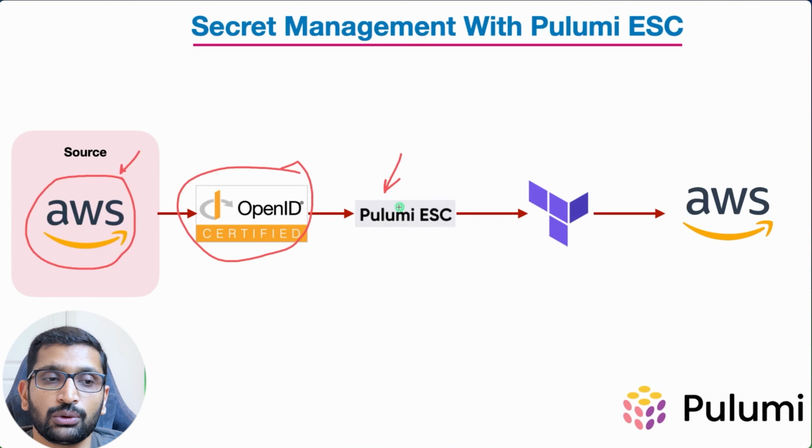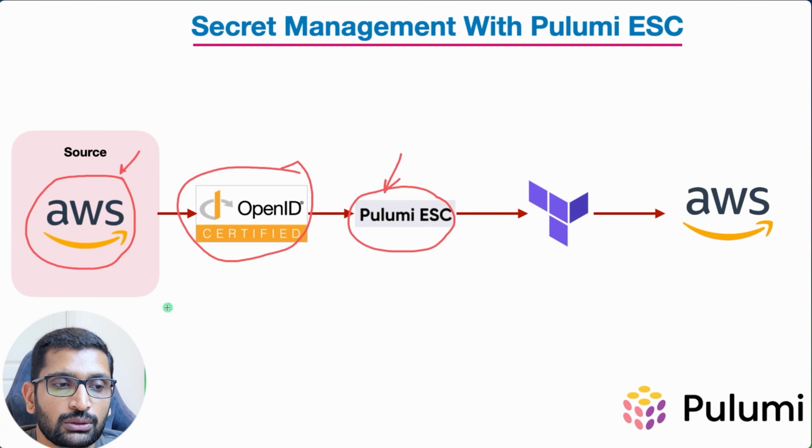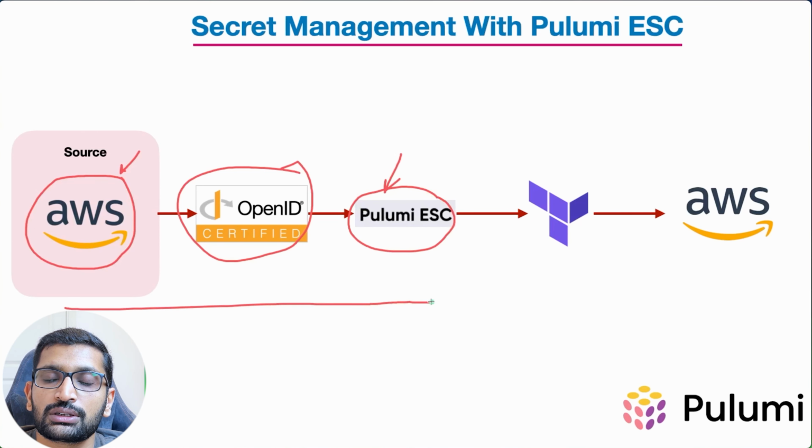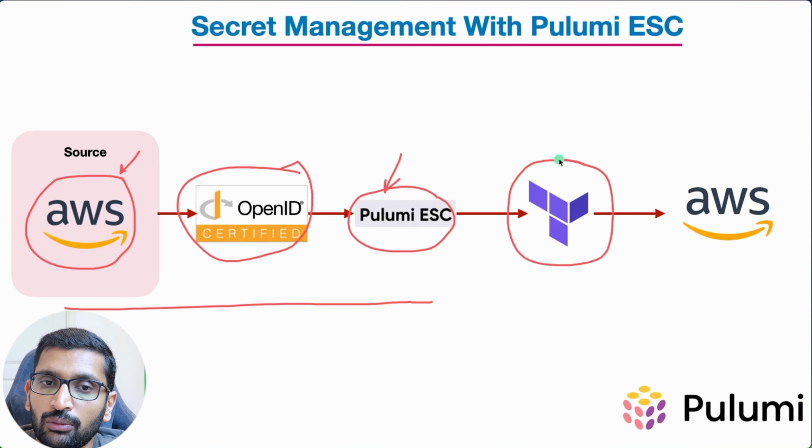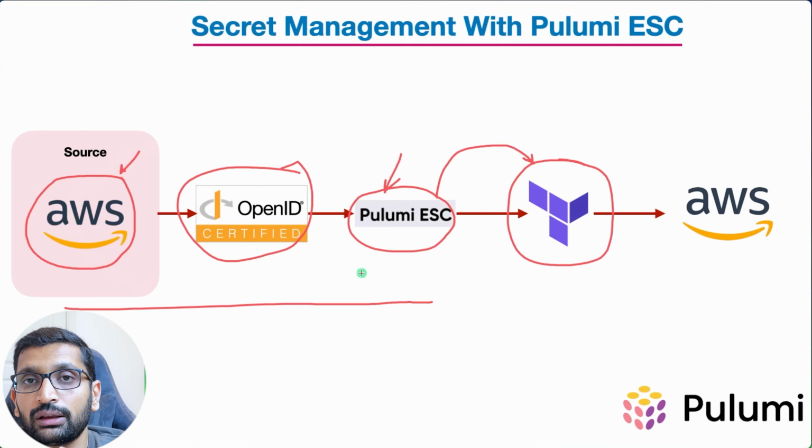But just for a moment, I'm trying to make this flow and relate it with our previous flow where I'm using the static credential. So now we have a source, we have an OpenID Connect, and we have Pulumi over here. Through this particular connection, we are getting the access key, secret access key, and session token. And then we are going to use Terraform, and Terraform will use those session tokens which are available from this OpenID Connect connection between Pulumi and AWS.